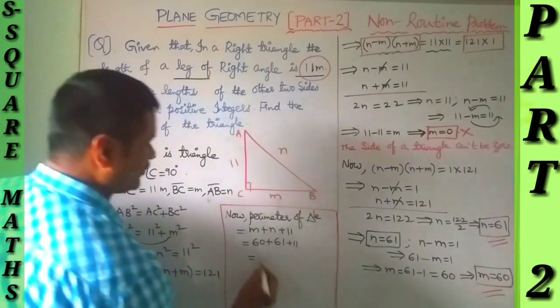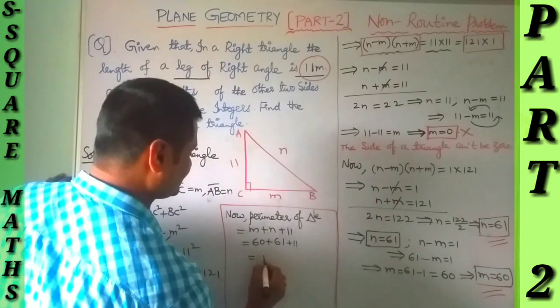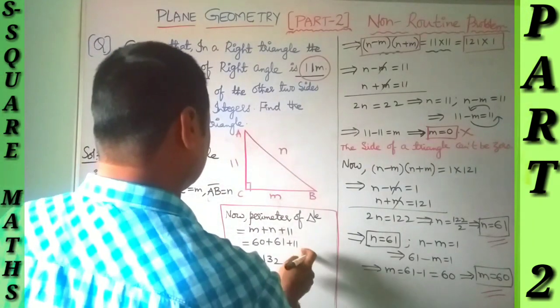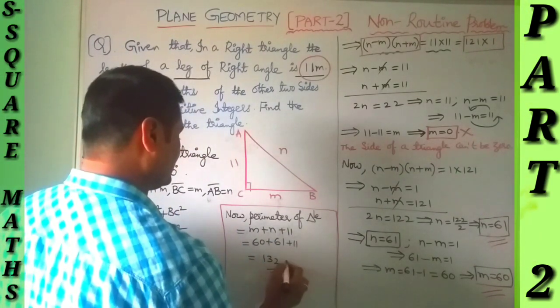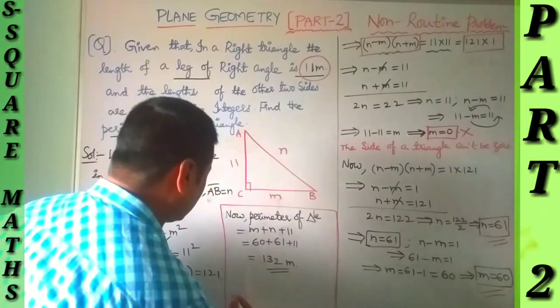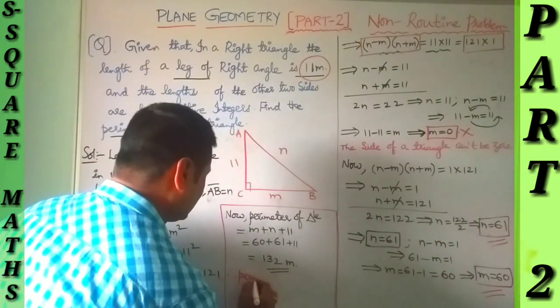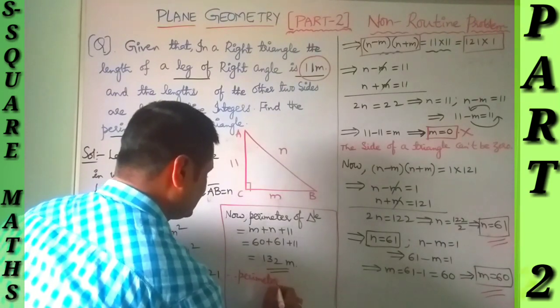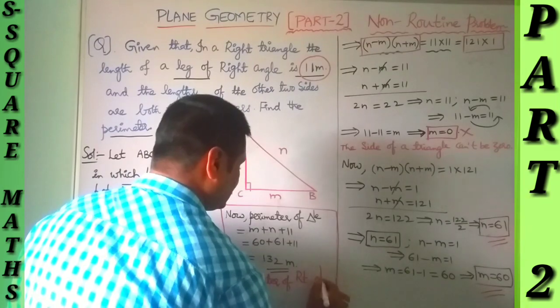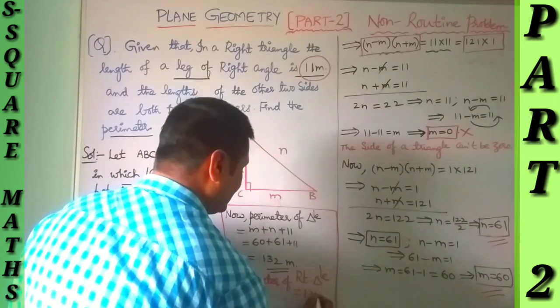So finally I am going to get 132. So here it is 132 meters. Therefore the perimeter of the right triangle is 132 meters.